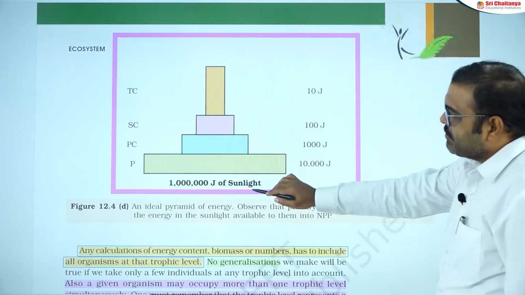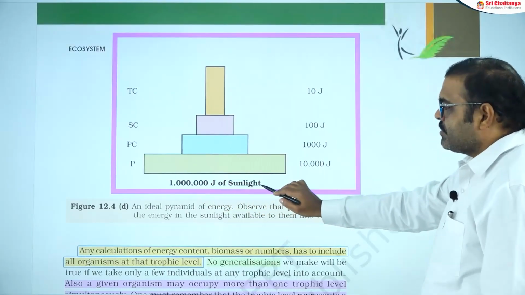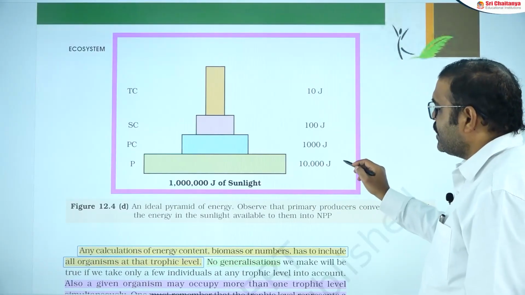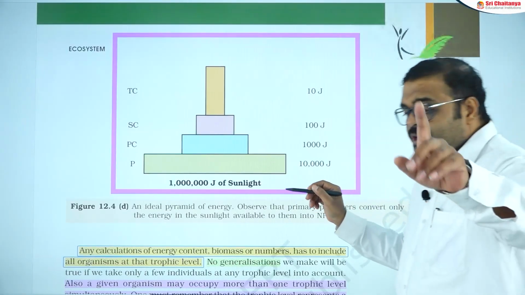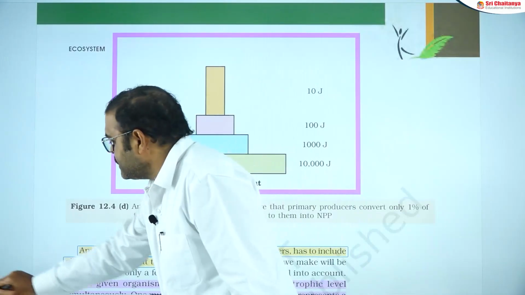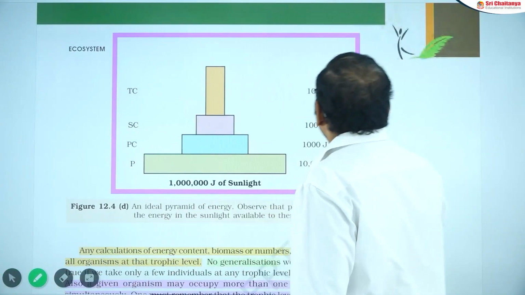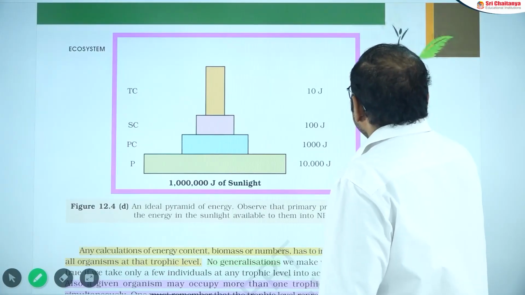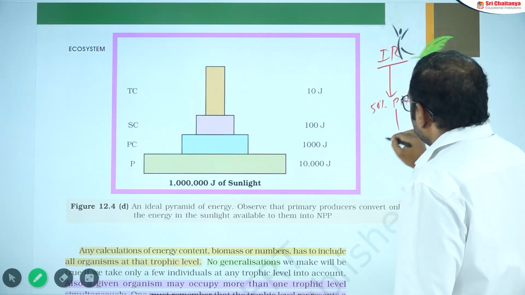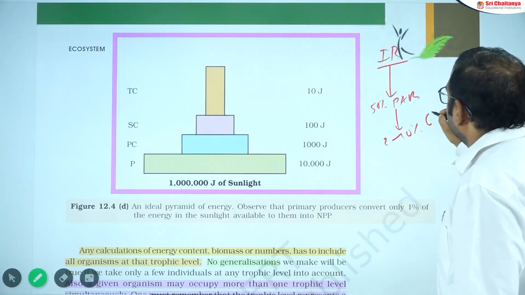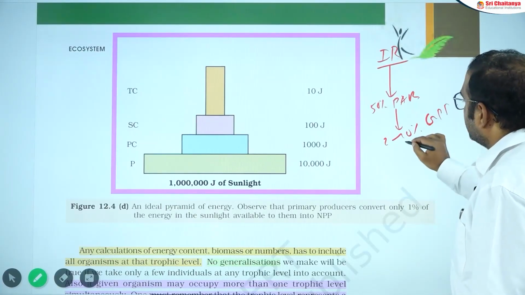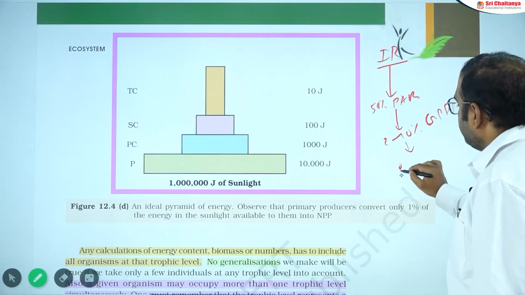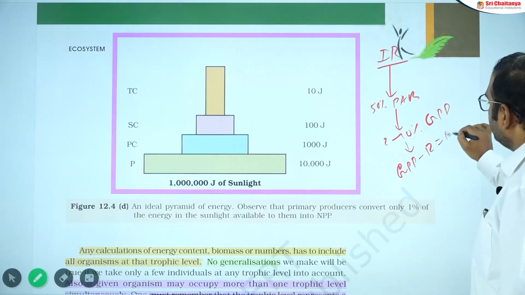The reason behind this: of the sunlight available, about 10 lakh joules of sunlight is available, of which only about 10,000 is trapped by the producers, that is only 1%. Here you need to understand one point: of the incident radiation, 50% is PAR, and of that 2 to 10% is GPP. Then NPP will be GPP minus R, that is, GPP - R = NPP.